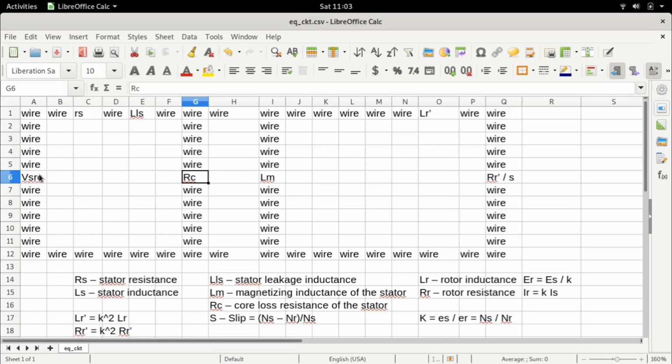So you could say that in no load, we can approximately say that the only current drawn by this machine is used for supplying the magnetizing current and the core loss component. That's it. So this assumption now helps us to find out what these two are.